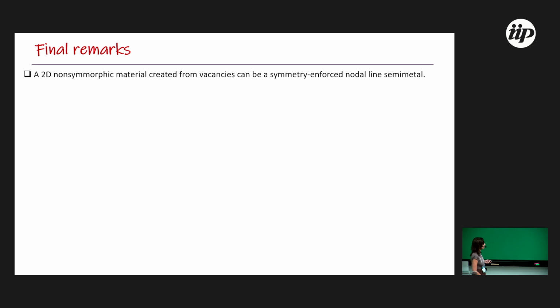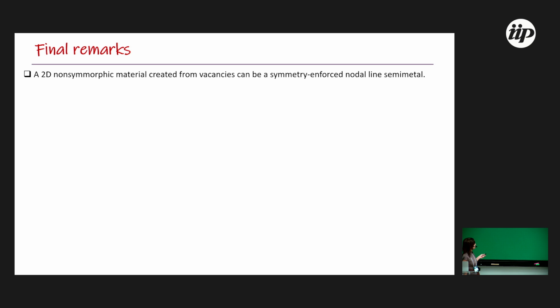And I think with that I can come to my conclusions. I showed you that I can obtain a symmetry-enforced nodal line semi-metal, and by that I mean it's robust to arbitrarily strong interactions that preserve the symmetries that enforce the phase to start with.